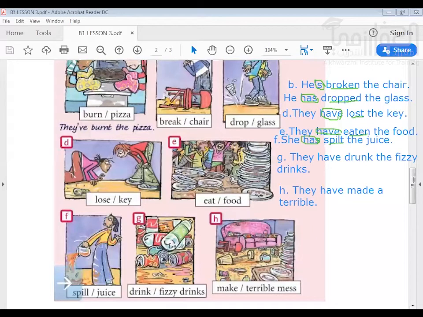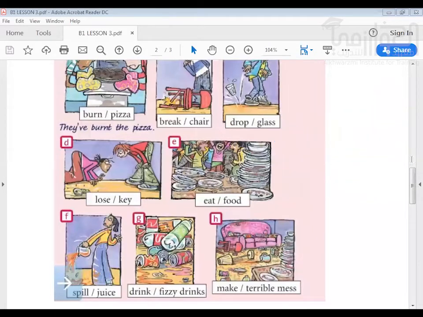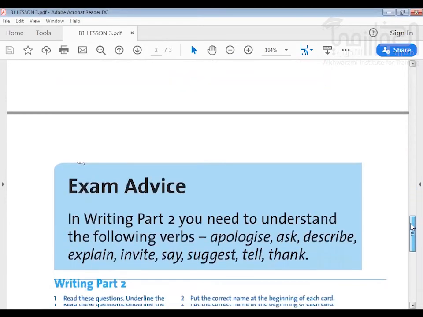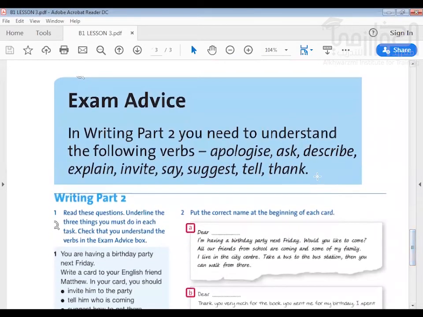Now we can move to another activity. And this time we are going to look at writing part 2. Yes, writing part 2, this is exam advice. In writing part 2, you need to understand the following verbs. Apologize. What is the meaning of apologize? Describe.